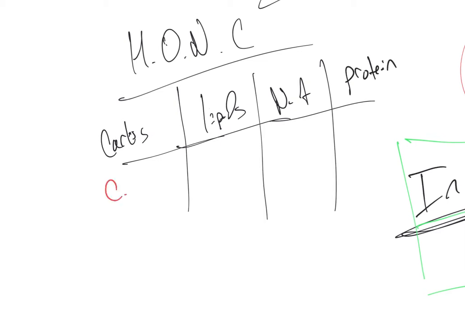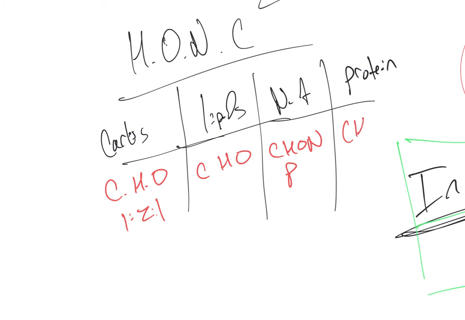Carbohydrates are CHO in a 1:2:1 ratio. Lipids are also made of CHO. Nucleic acid is CHONP. And protein is CHONS.